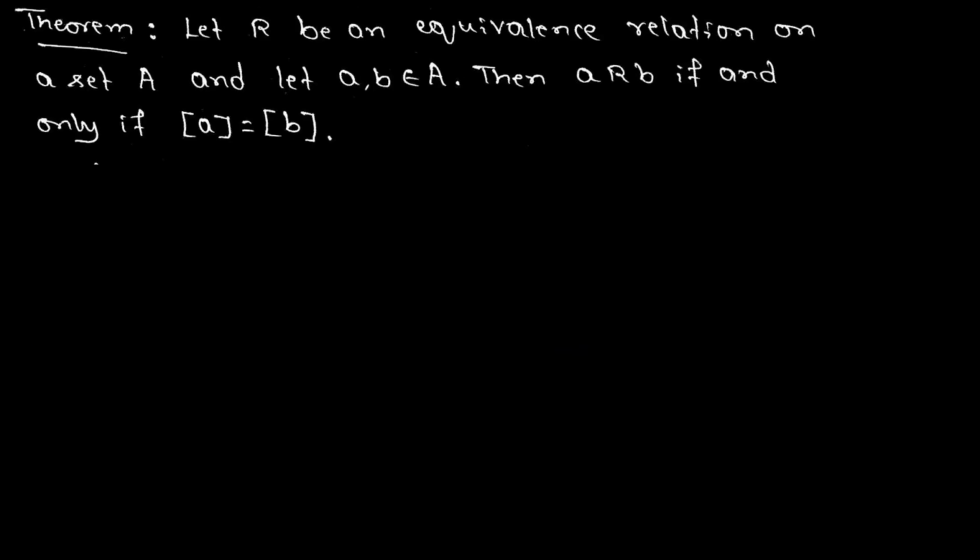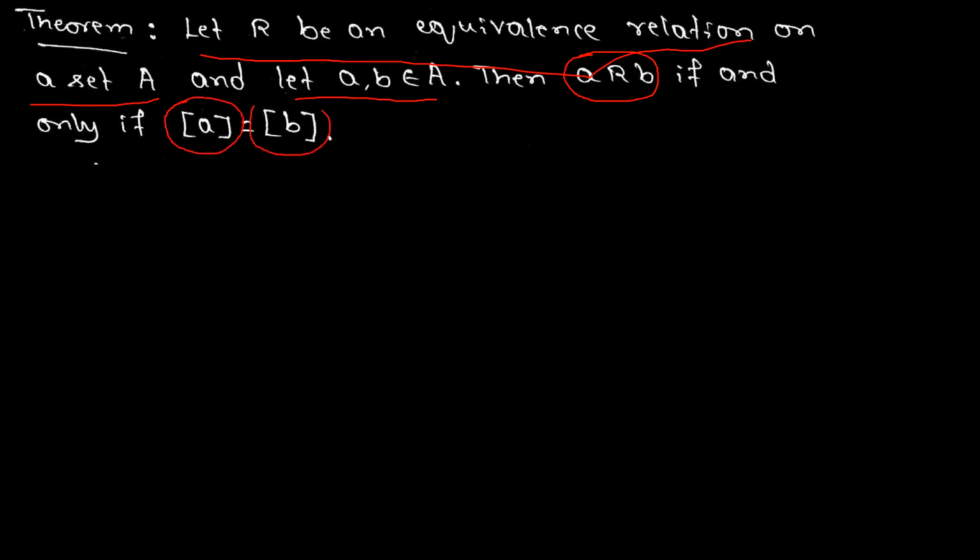Let us see one theorem. Let R be an equivalence relation on a set A, and let a comma b belong to capital A, then a is related to b if and only if equivalence class of a will be same as equivalence class of b.